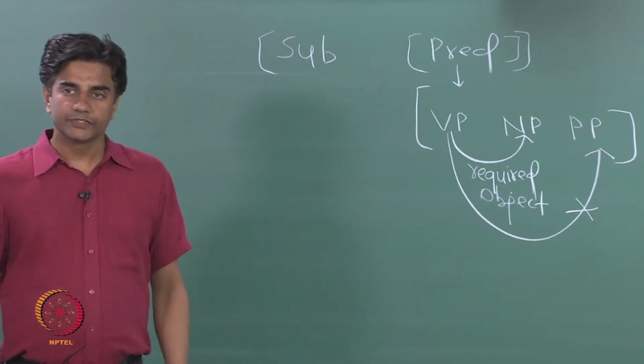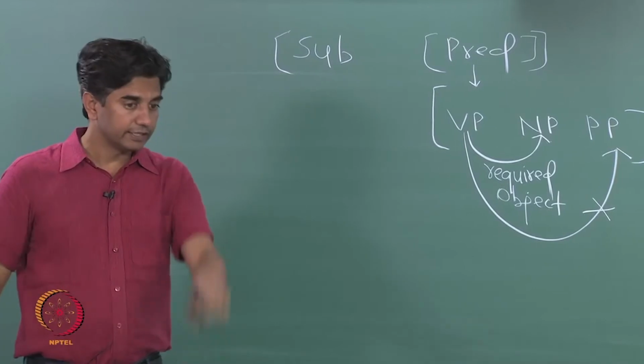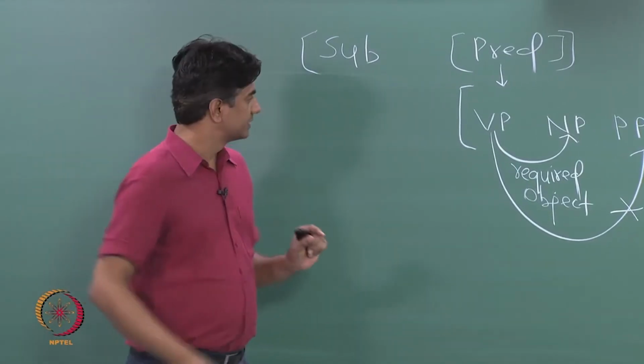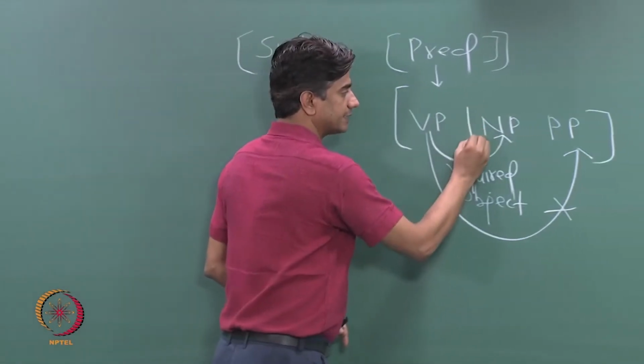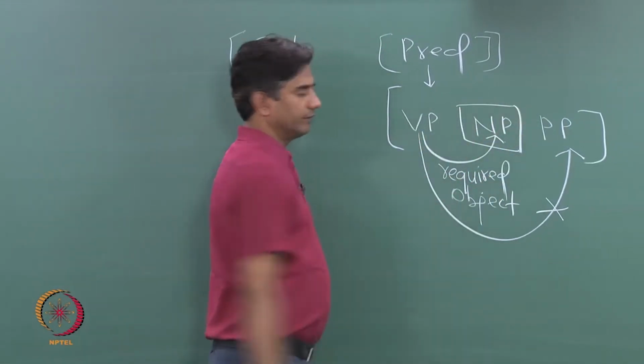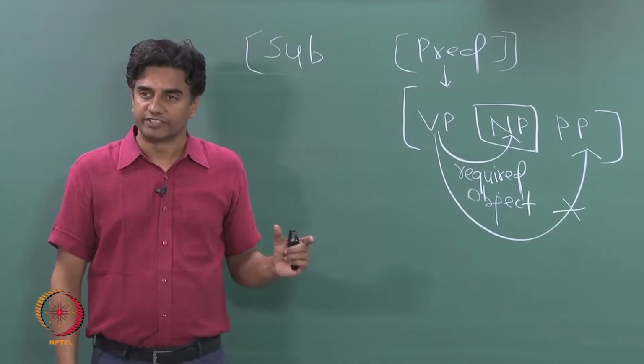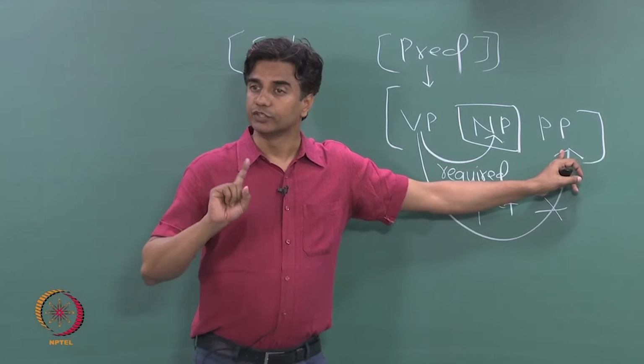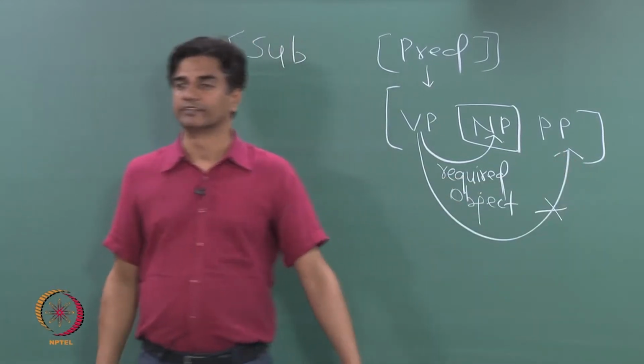Okay? So what we are saying here with the idea of sub-categorization is this NP is a sub-categorized element, whereas this PP is not a sub-categorized element.